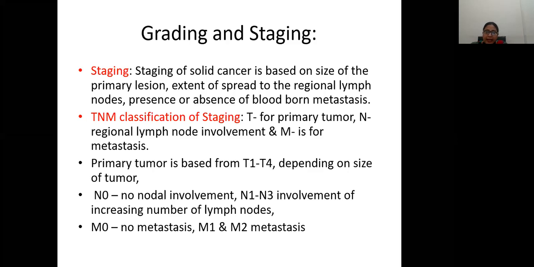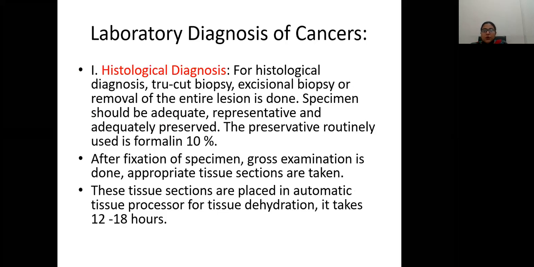In N, the nodal metastasis plays a role. If there is no nodal metastasis, we call it N0. If there is a nodal metastasis, then we call it N1. It depends upon the number of lymph nodes involved, so it may be classified as N1, N2, N3. In M0, there is no metastasis. In M1, there is a metastasis. Clear?